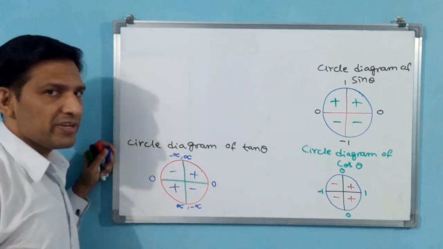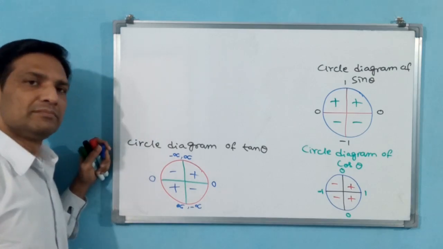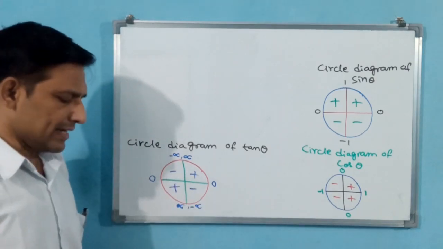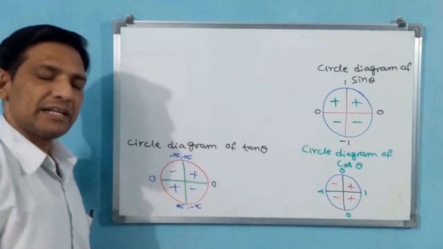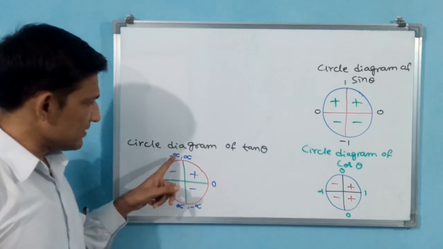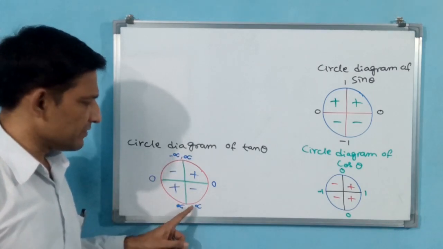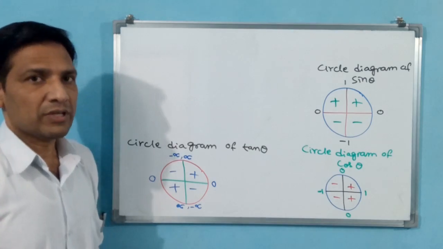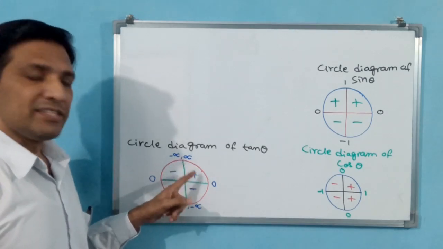All have infinity, since 1 divided by 0 will come. Now you understand the circle diagram of tan theta. Unless you write minus infinity, plus infinity, you are not able to draw the graph. There is a discontinuity.